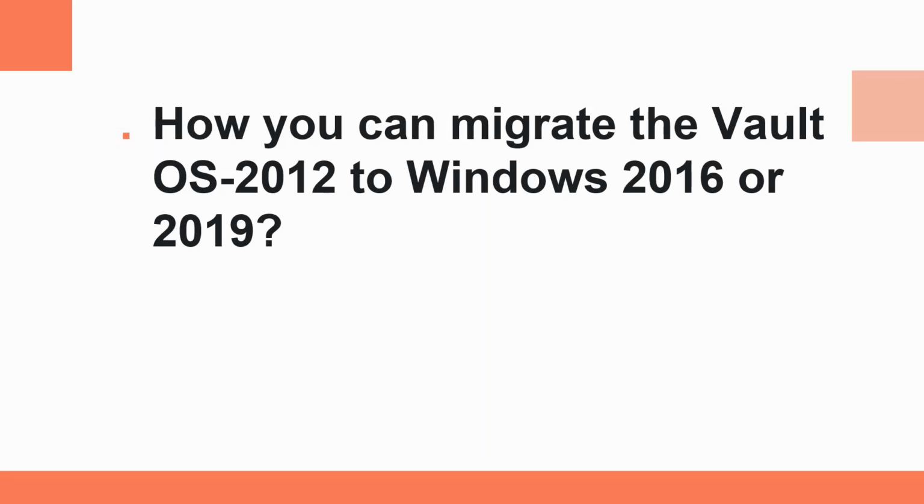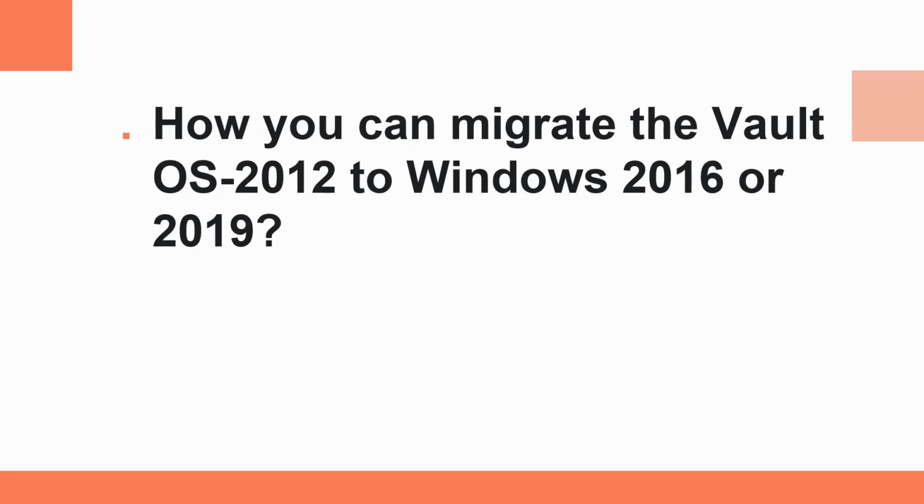You need to install the Vault, then you need to install the DR setup. After installing the DR setup, you can use the DR service and start the replication from your OS 2012 to the new 16, new Vault server. Once that replication is completed, you can test the connection. You can use your PWA, PSM, and point the components to the new Vault.